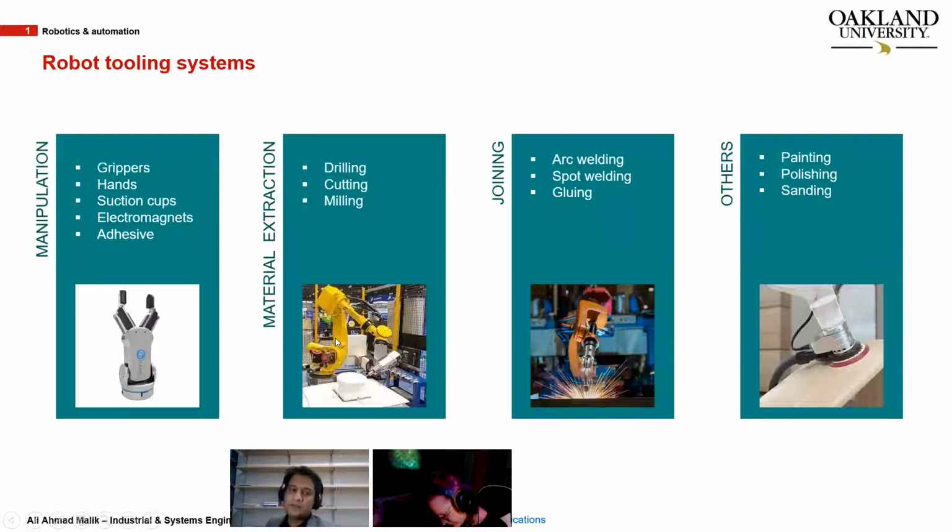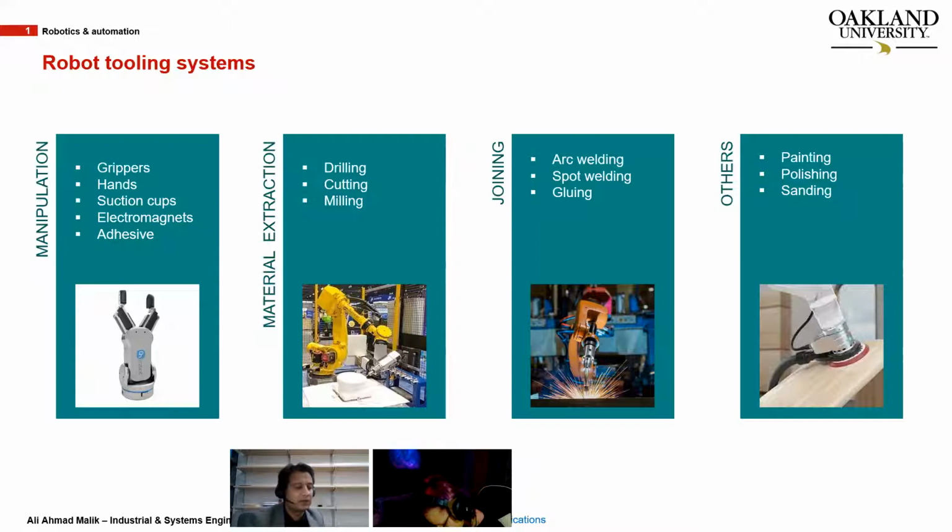So to start with, we can classify robot manipulators into 4 different categories. There are some grippers that are used for manipulation. By manipulation, I mean the grippers or tools that we mount at the end of the robot arm, and they can be used to manipulate some component.